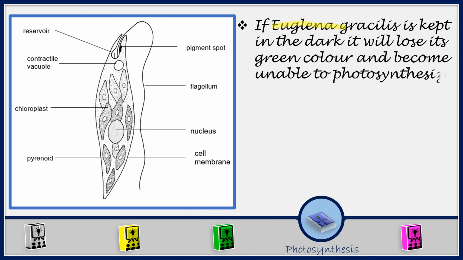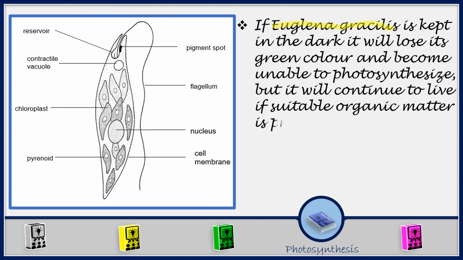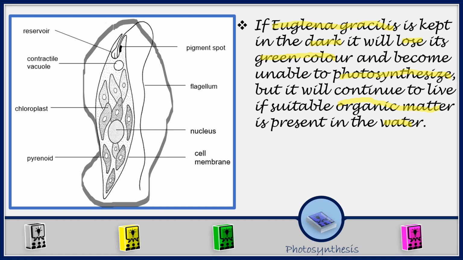If Euglena gracilis is kept in the dark, it will lose its green color and become unable to photosynthesize. But it will continue to live if suitable organic matter is present in water. So when we place our Euglena in darkness, it is going to lose its green color in the chloroplasts.